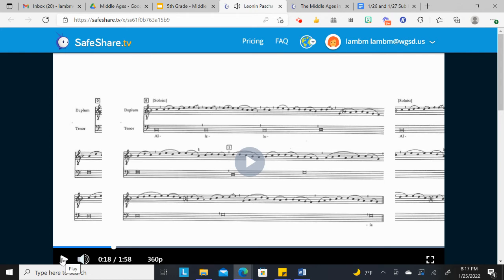And I'm just going to pause it real quick. You should be able to hear the melody being sung above, and then if you listen closely, you should be able to hear a lower note being sung below the melody and just being held.